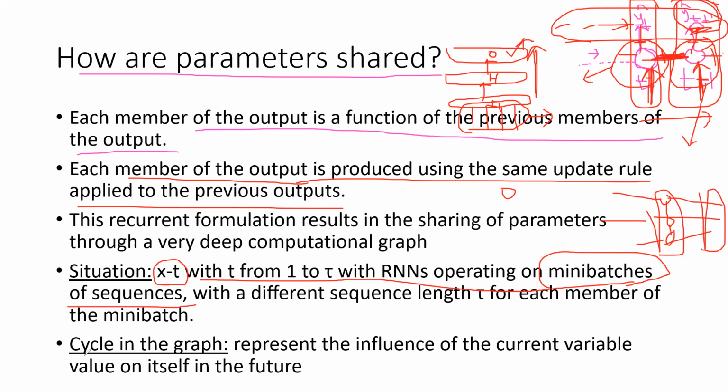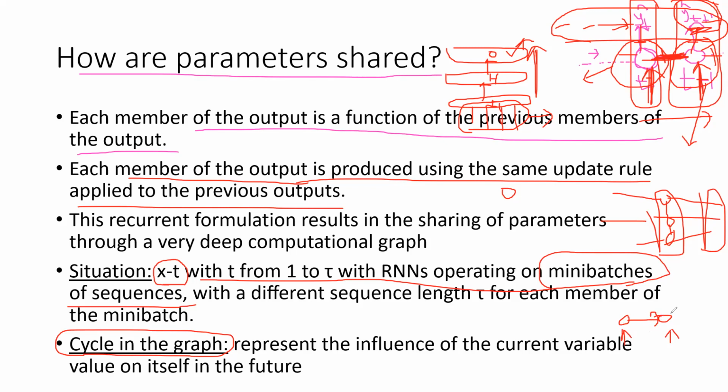If there is a cycle in the graph, so just hold on. The picture is coming very soon. If there is a cycle in the graph, so the cycle in the graph means like I have, let's say, 2 neurons here, and I have some input going to them. So cycle means let's say I'm going from here to here.